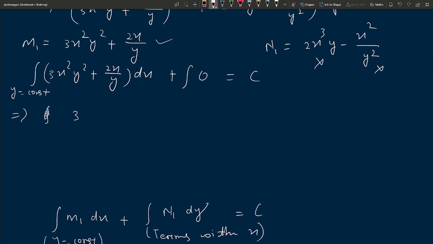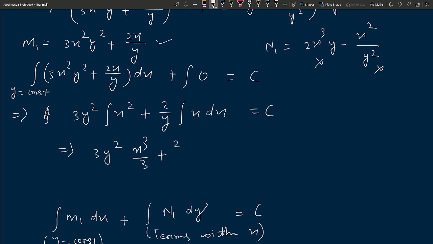3 y square constant integration x square plus 2 by y constant integration x dx equal to c, implies 3 y square. What is integration x square? Integration x square is x cube by 3 plus 2 by y into what is integration x? Integration x is x square by 2 equal to c.